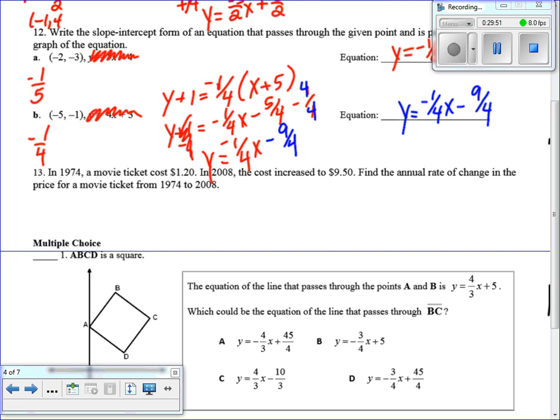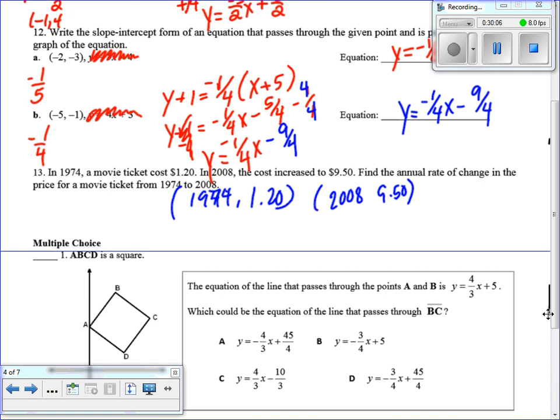We have our point for 1974, which would be 1974 and 1.20. And we have our other point of 2008 and 9.50.